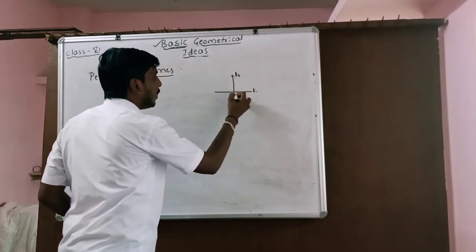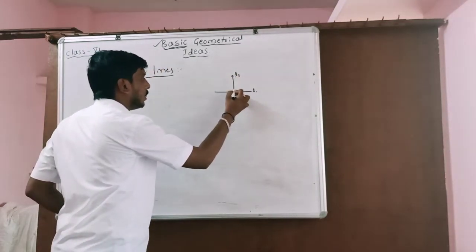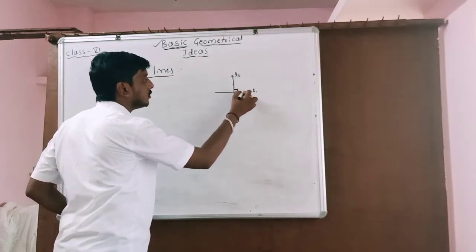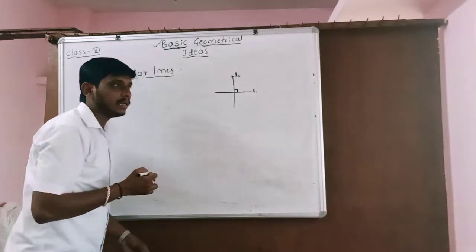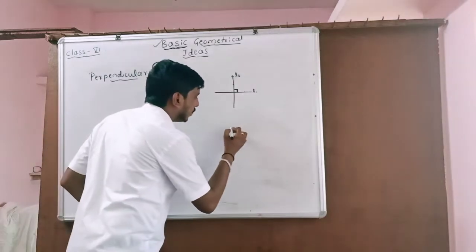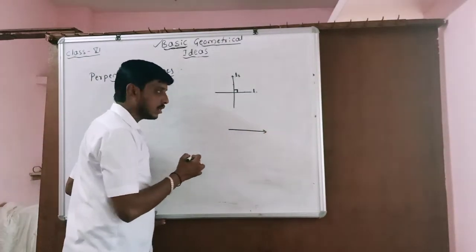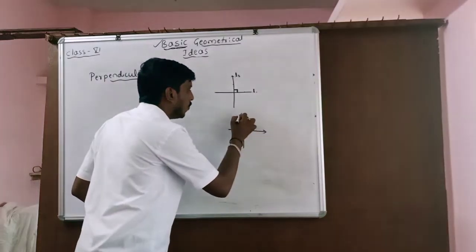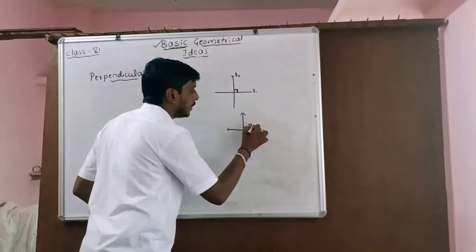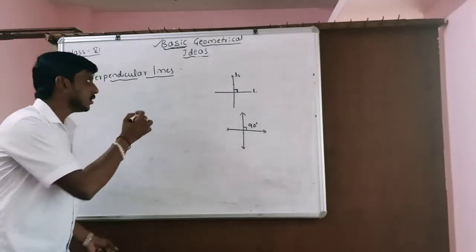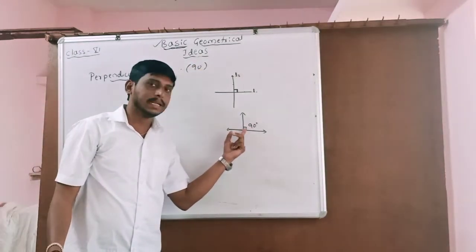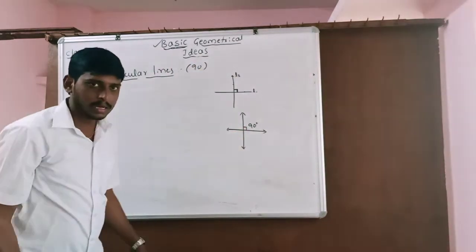When two lines intersect and the angle between the two lines is always 90 degrees, then they are called perpendicular lines.